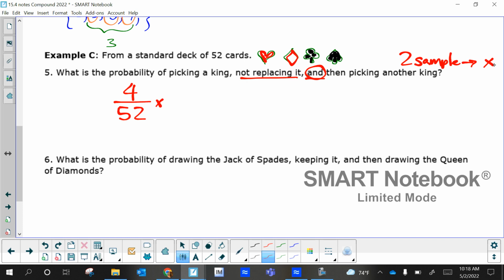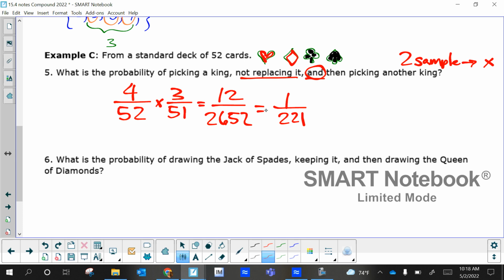It's like the dealer handed us a card and then is going to hand us another card. That means there's only 3 kings left out of 51. So 4 times 3 is 12. And 52 times 51 is 2,652. Is that divisible by 12? Yes. So I have a 1 in 221 chance of getting a king and then another king right after that.